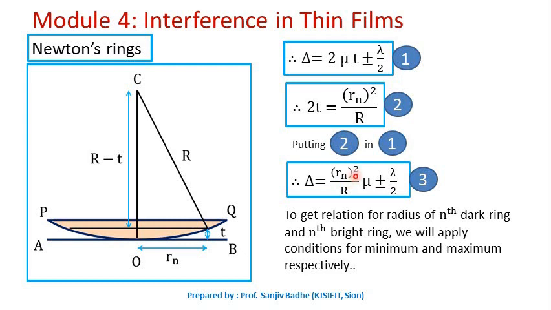To get the radius of nth dark ring, we will apply the condition for minimum. That means we will equate this optical path difference to odd integral multiple of lambda by 2. And to get the relation for nth bright ring, we will apply the condition for maximum. That is, we will equate this optical path difference with integral multiple of lambda.